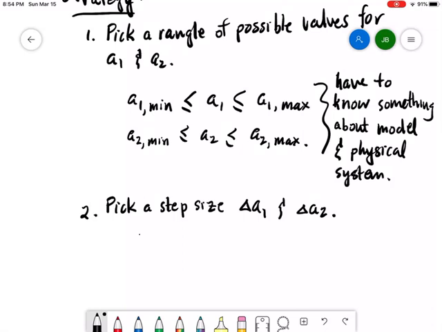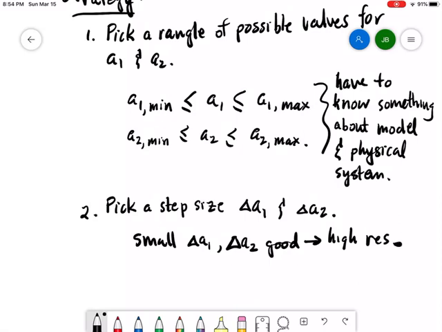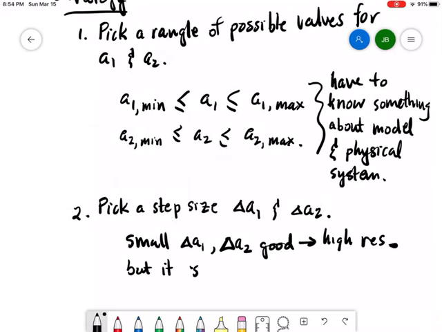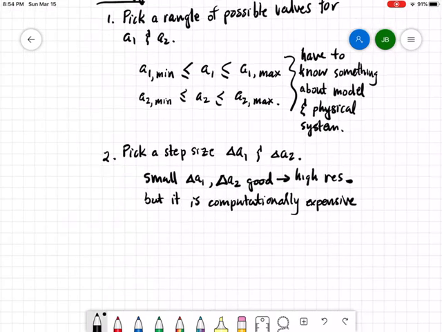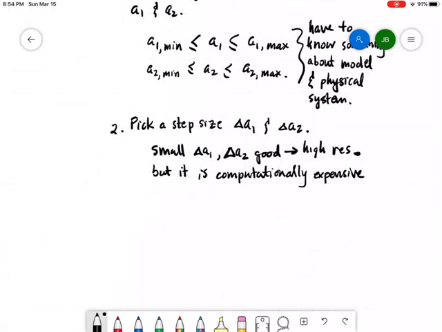So a small delta A1 and delta A2 is good because we're going to get high resolution, but it is computationally expensive. So we're going to have to calculate chi-squared many times if we have very small step sizes.